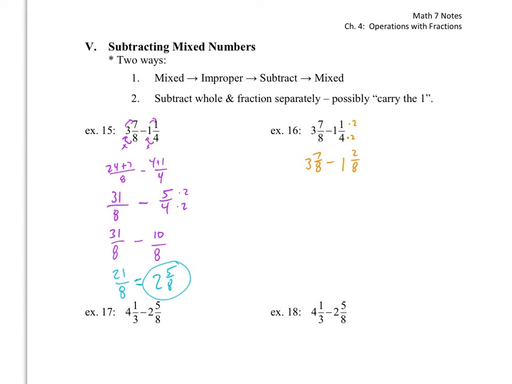What's 3 minus 1, Luke? 2. What's 7 eighths minus 2 eighths? 5 eighths. That's it. That one went pretty quick that way, right? So in this case, I like that way better than the first way, because the first way was more work.